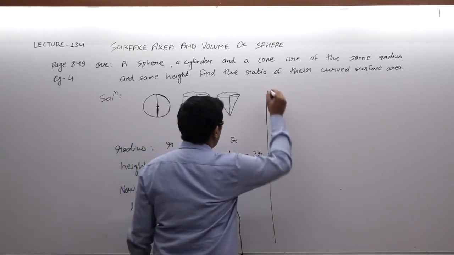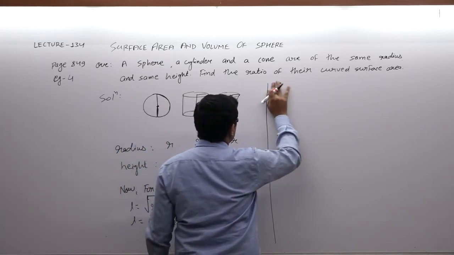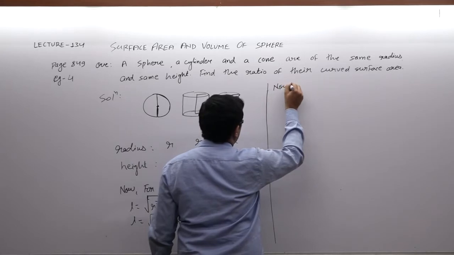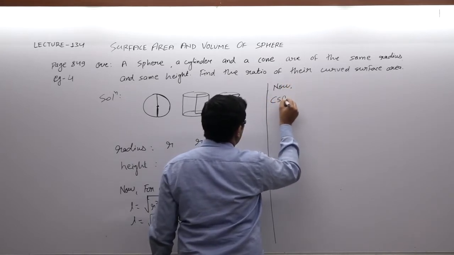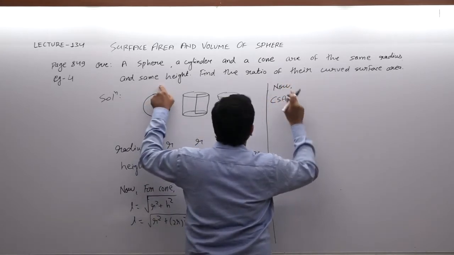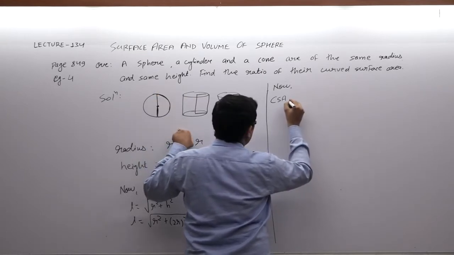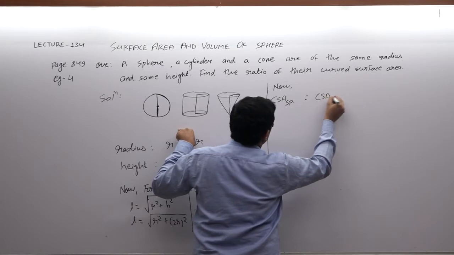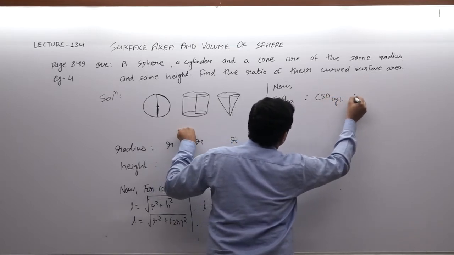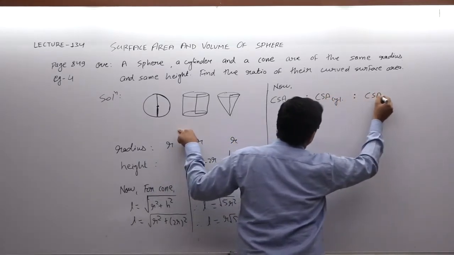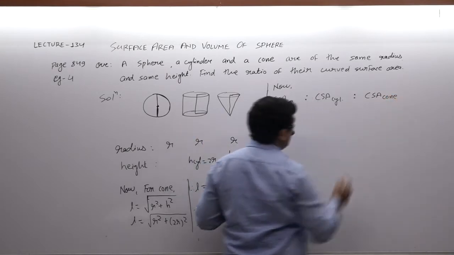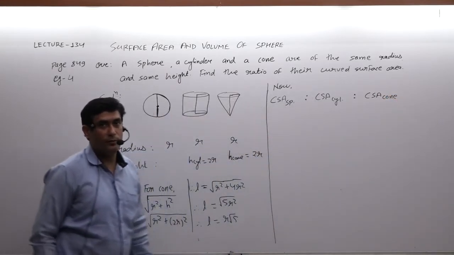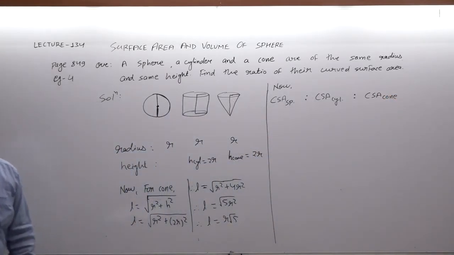So now I need to find the curved surface area. CSA of sphere is to, CSA of cylinder is to, CSA of cone, that I need to find. What will be the ratio of these three that I have to find?